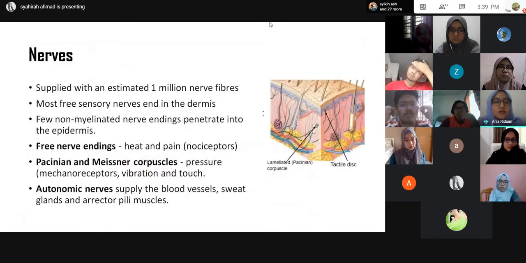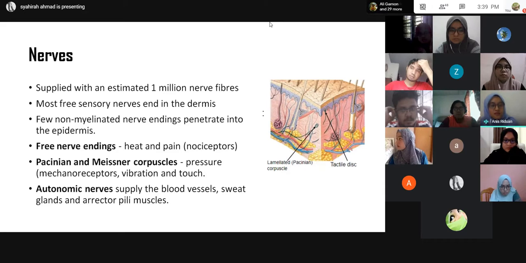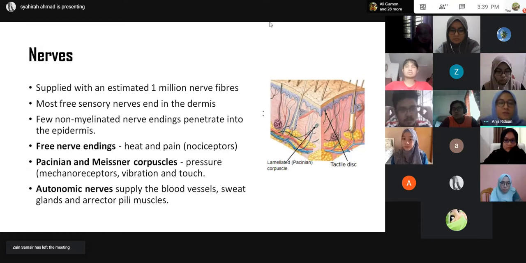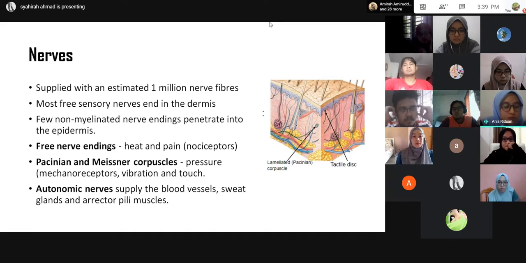So the next one is the nerves. The skin is supplied with an estimated 1 million nerve fibers. Most are free sensory nerves in the dermis. And there are a few non-myelinated nerve endings that can penetrate into the epidermis. There are several nerve types. First, the free nerve endings, which are responsible for detecting heat and pain, also known as nociceptors.